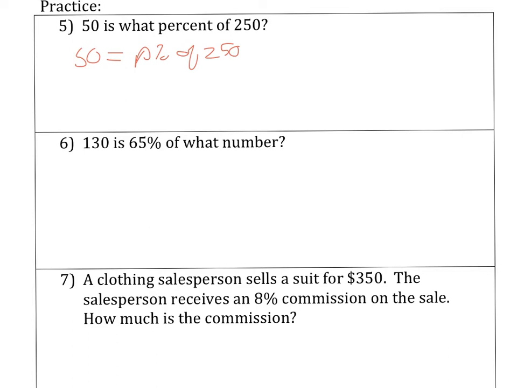So once again, if you're trying to find the percent, my suggestion is use proportions. Don't use the method that's taught in this section. If we're just trying to find the percent, I think it's much easier to use the proportions.